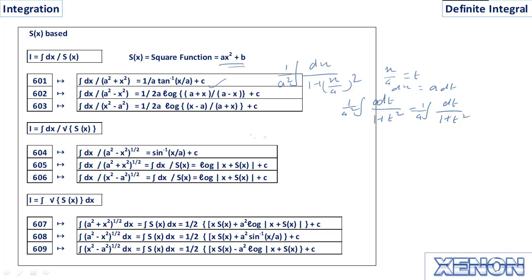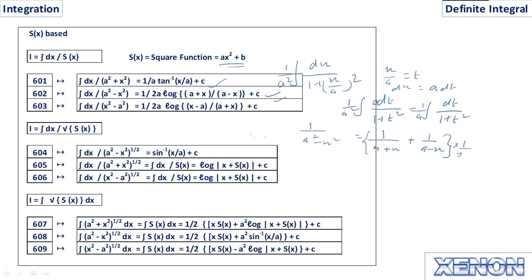Similarly, the integration of dx upon a square minus x square equals 1 upon 2a log |(a plus x) upon (a minus x)| plus c. How will we get this form? Actually, we will write 1 upon a square minus x square equals 1 upon 2a into (1 upon a plus x plus 1 upon a minus x).